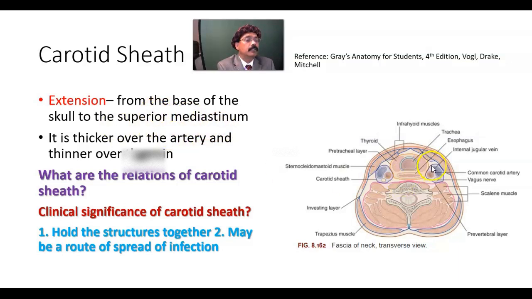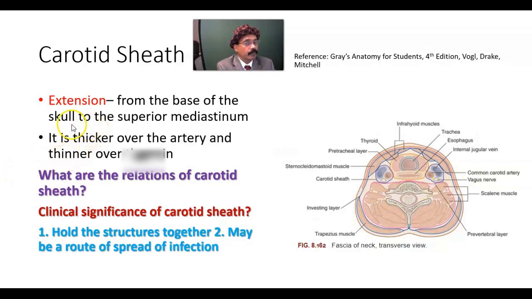The carotid sheath connective tissue blends with the tunica adventitia at the level of the upper part of the hyoid bone, and also at the root of the neck with that of the tunica adventitia of the blood vessels.